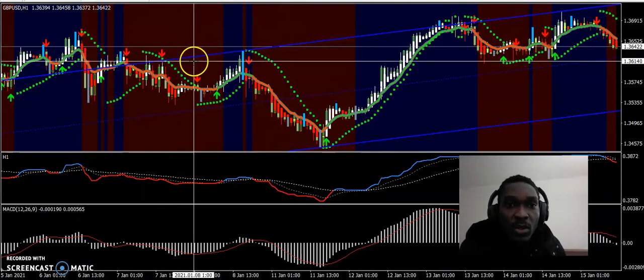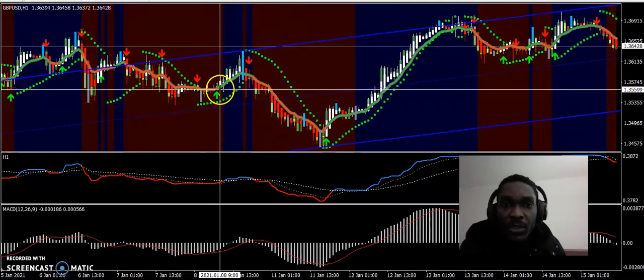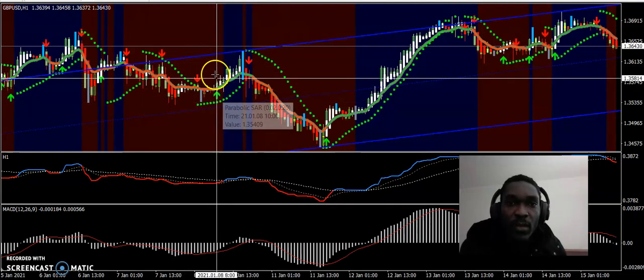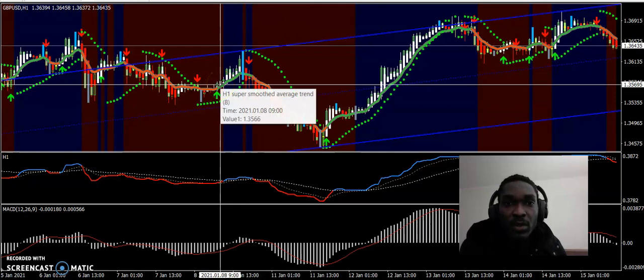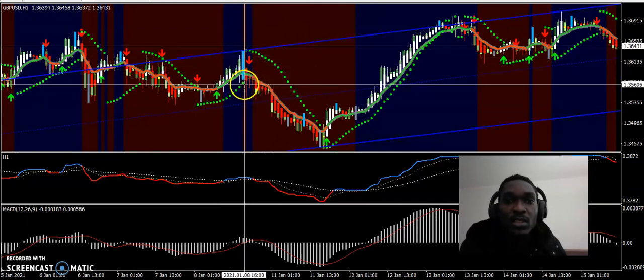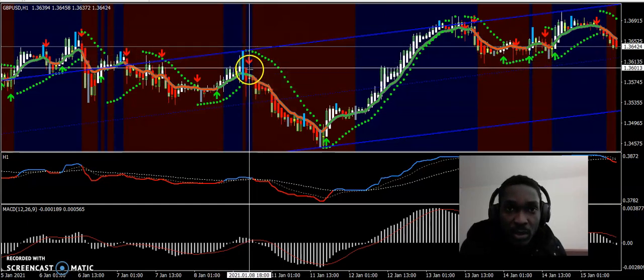Let's see another SAR touch. You have a sell here, but wrong direction for the SAR. You won't take this trade obviously, because, well, you can, but I won't. I just want to be close to where the SAR touches the candle, and then we sell or buy. So we have this one, and this one.